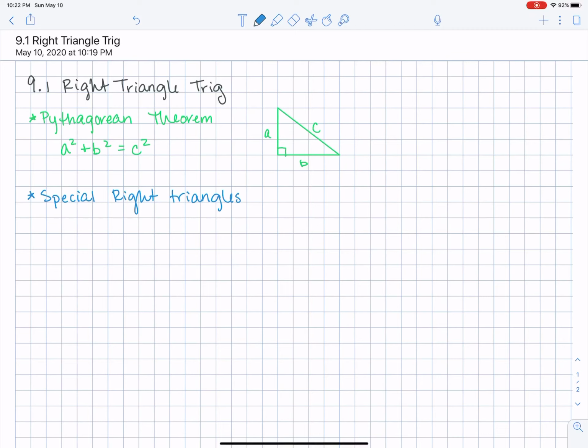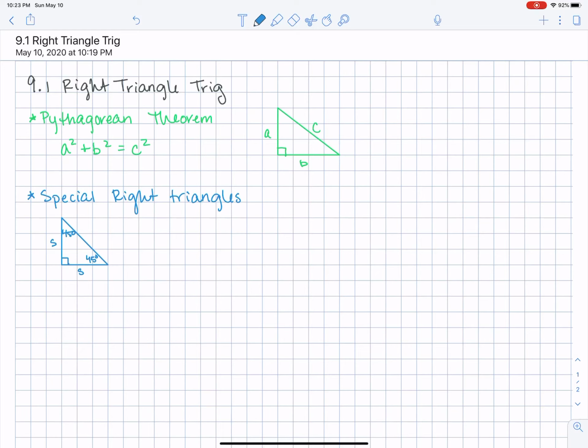And if you've already seen this, hopefully this is just a reminder that the first one that we work with is an isosceles triangle. If you have an isosceles right triangle, that means that your two angles are 45 degrees because they are congruent, and you would have some sort of side length. And again, the side length would be the same for both of your legs.